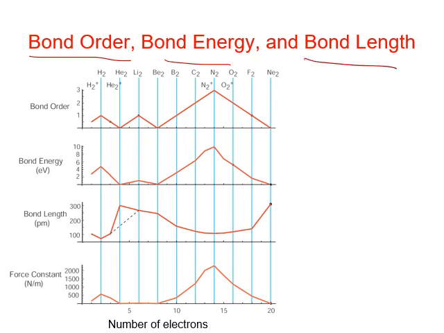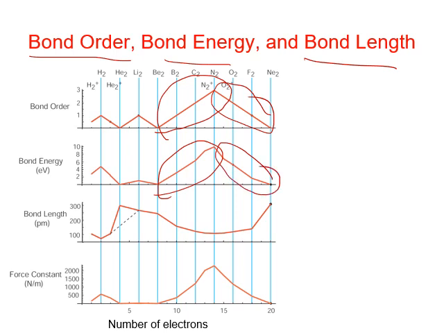In this diagram, we show that when the bond order increases from beryllium, boron to nitrogen, bond energy increases, and when the bond order decreases, the bonds become weaker and the bond energy decreases. Force constant also parallels the trend of the bond order. Bond order increases, force constant increases. Bond order decreases, force constant decreases.